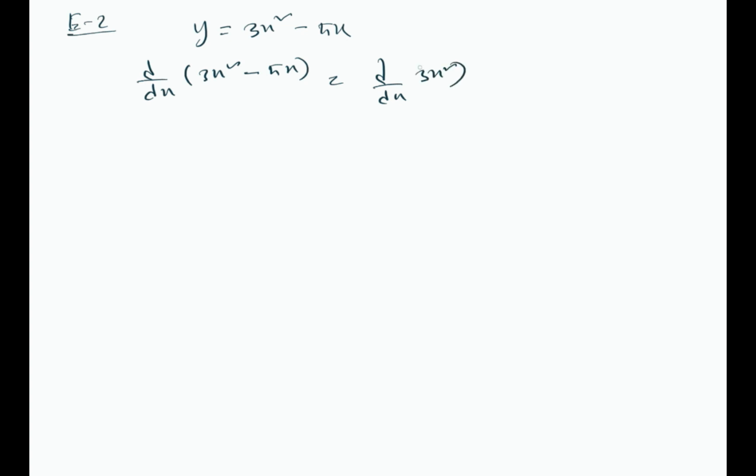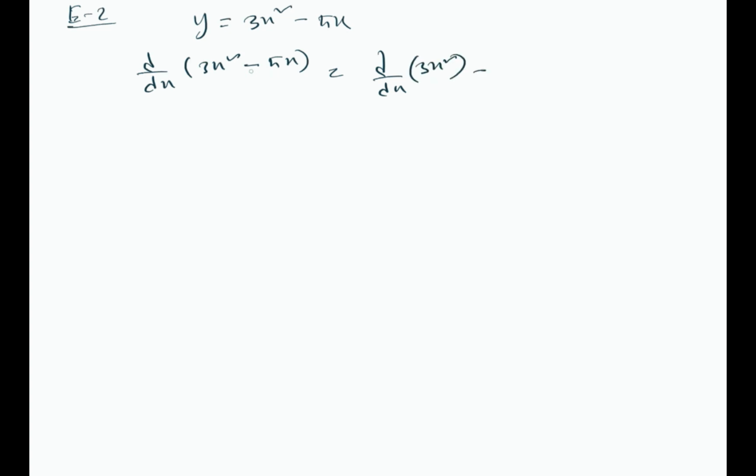Example 2. For example 2, our function y is equal to 3x squared minus 5x. So the derivative of this function, d/dx of 3x squared minus 5x, we can write them separately: d/dx of 3x squared minus, because we have a negative sign here, minus d/dx of 5x.